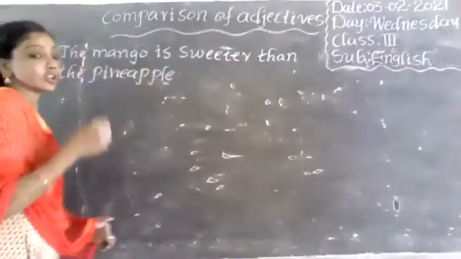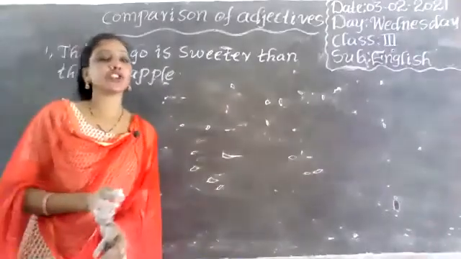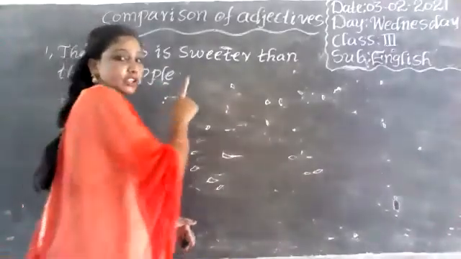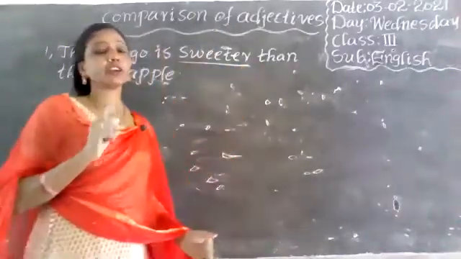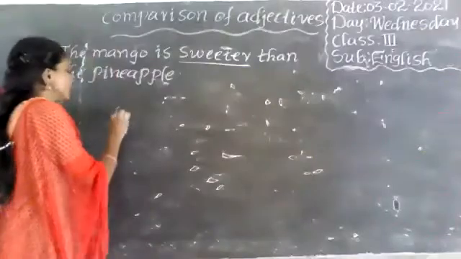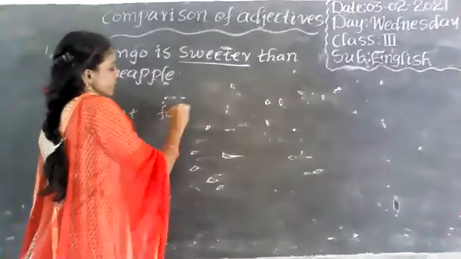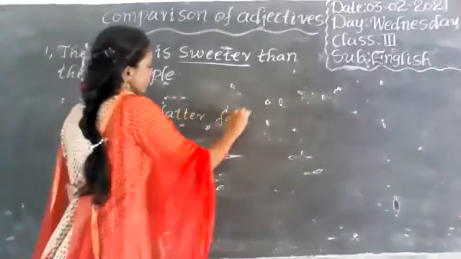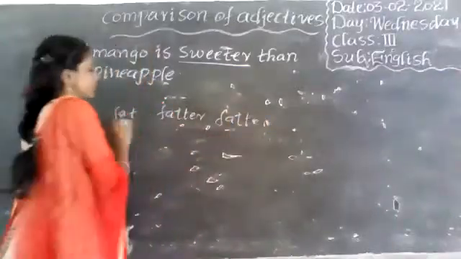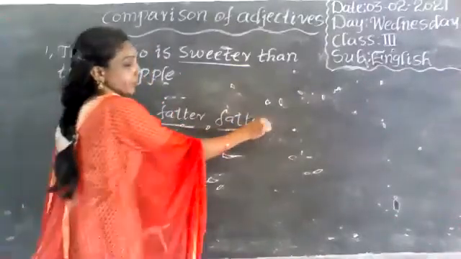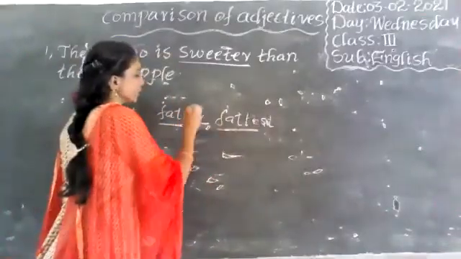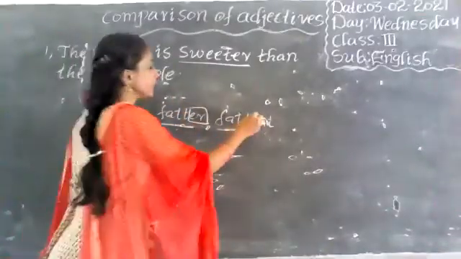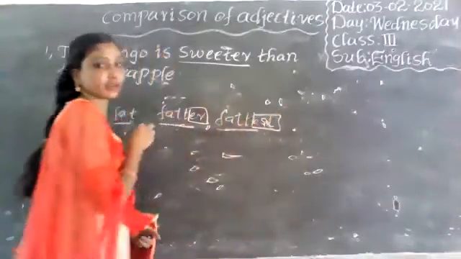But look at the sentence. First, we have to find out what is the adjective in this sentence. So, what is the adjective? Sweeter is the adjective, right? Just I have written fat, fatter, fattest, right? So, this is positive degree. This is comparative. This is superlative. So, in comparative degree, we should add er. In superlative degree, we should add est, right?